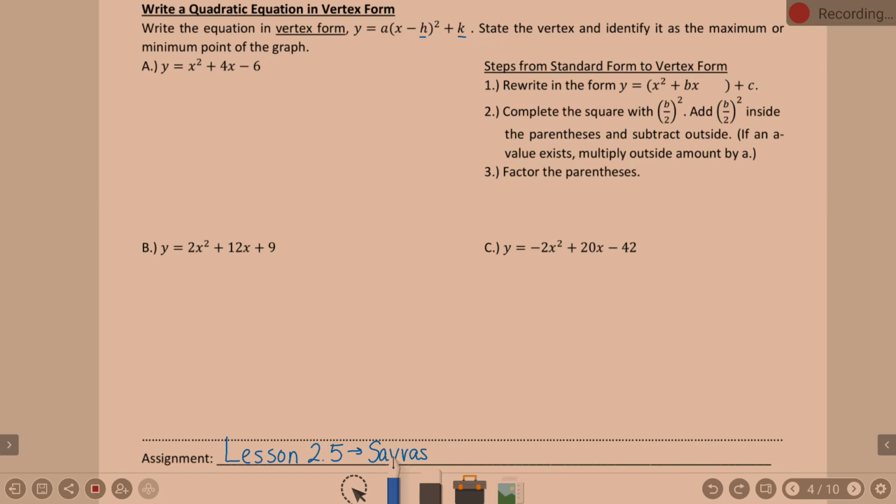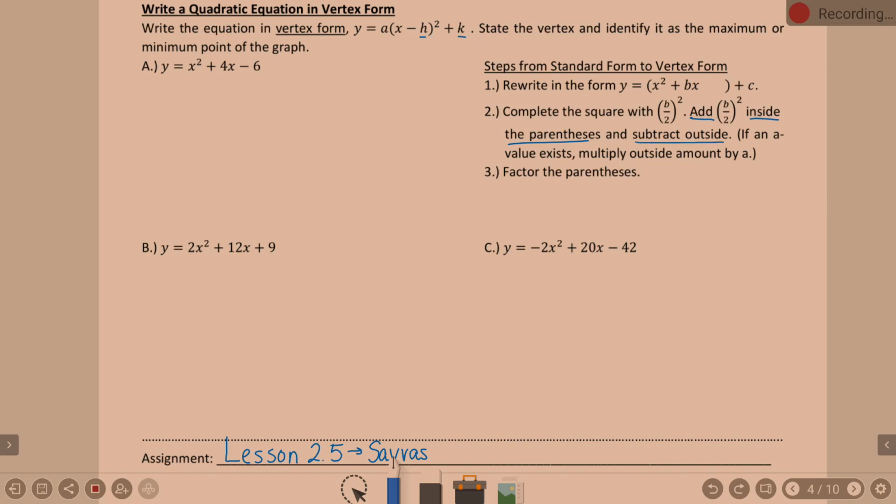First thing we're going to do is, instead of x squared plus bx equals c, it's going to be x squared plus bx, leave a blank in a set of parentheses, and then put the plus c outside of the parentheses. Step 2 is we're going to do that b over 2 squared piece again. The difference is, instead of adding it to both sides of the equation, we're going to add it inside the parentheses and subtract it outside.